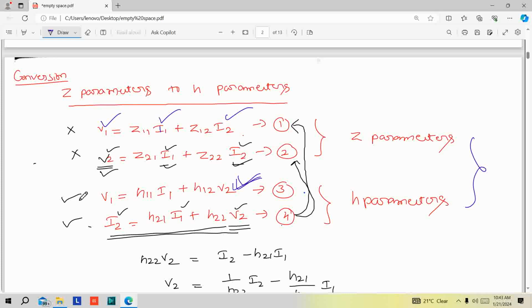After varying, you will get one value, and we need to substitute that value in the other equations. See here, the first two equations you should keep as they are, and you need to alter equation 3 or 4. So this is all about the conversions of one parameters to another parameters. The procedure is the same except for conversions of Z to Y and Y to Z.